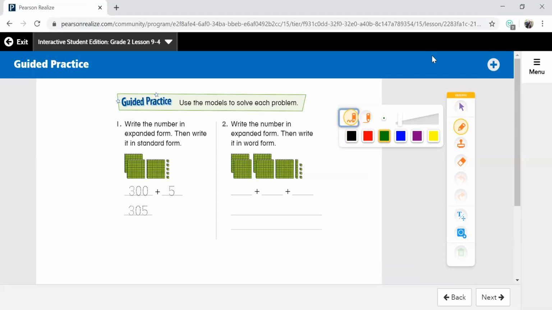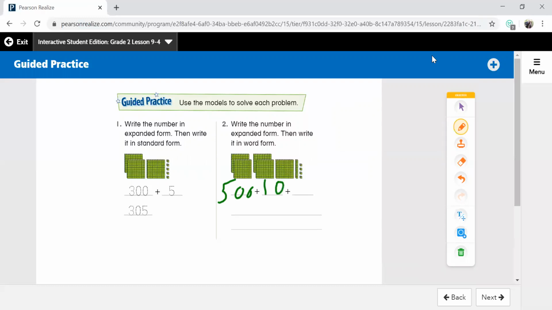Write the number in expanded form, then write it in word form. Okay, first we need to look at the hundreds. Let's count them. 1, 2, 3, 4, 5. 500 plus how many tens? There's 1 ten, so we're going to write 10. And the ones, how many? 1, 2, 3, 4.